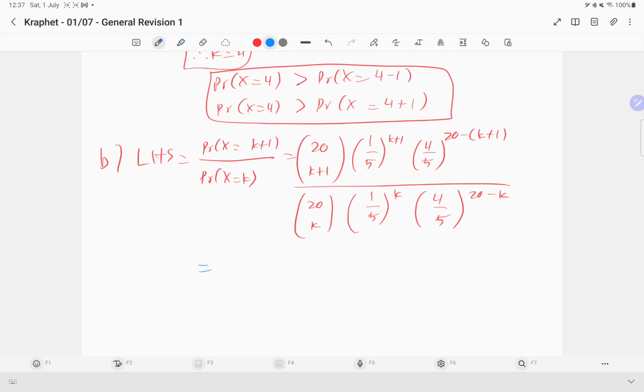So 20 over k plus 1, again, the formula nCr is n factorial over r factorial, n minus r factorial. So n factorial is 20.